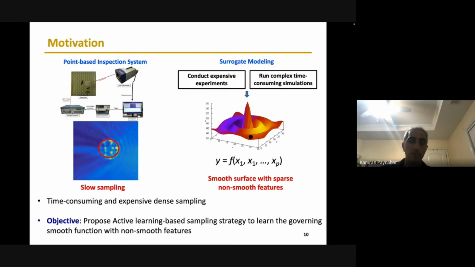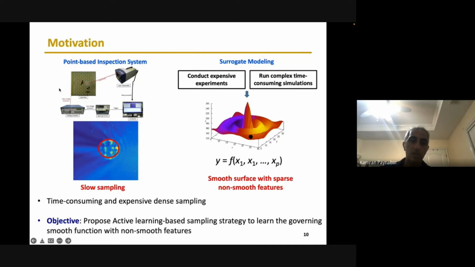For example, this is an example of slow sampling. This is with our former colleague, who used to be in Aerospace and is now, I think, dean at the University of Colorado Boulder, Massimo Rosini. He had a setting for a guided wave test, non-destructive evaluation.